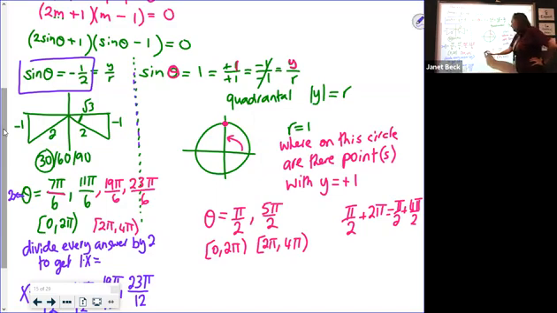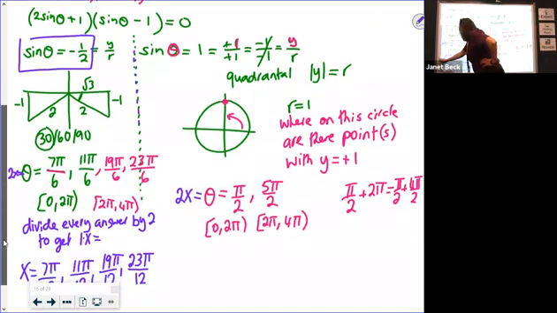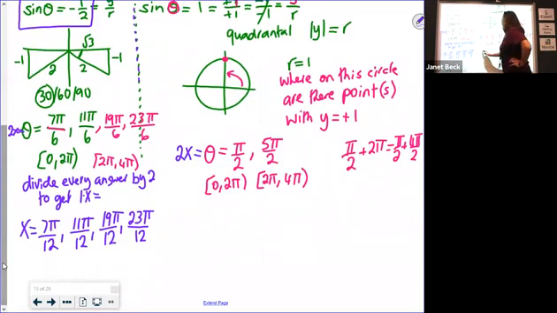Those were my answers for theta, and theta is 2x. So I'm going to do what I did on the other one. I'm just going to get every single answer there and divide it by 2. Pi over 2 divided by 2. Remember I said I don't want you to write it like that. It's a terrible way of writing it.